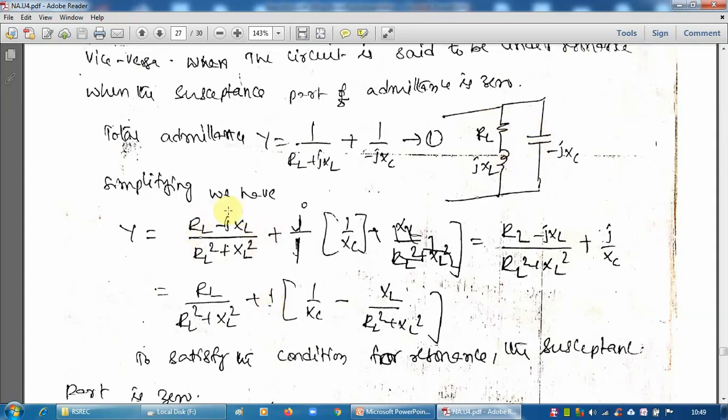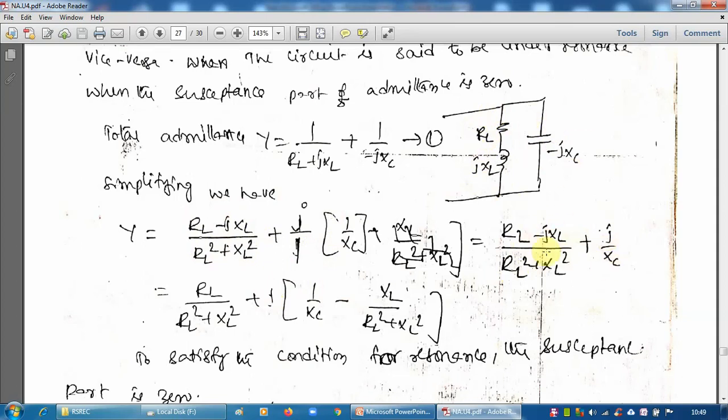This is the admittance of this part plus the admittance of this, which is 1 by minus jXC. Adding this and this will give you the total admittance.